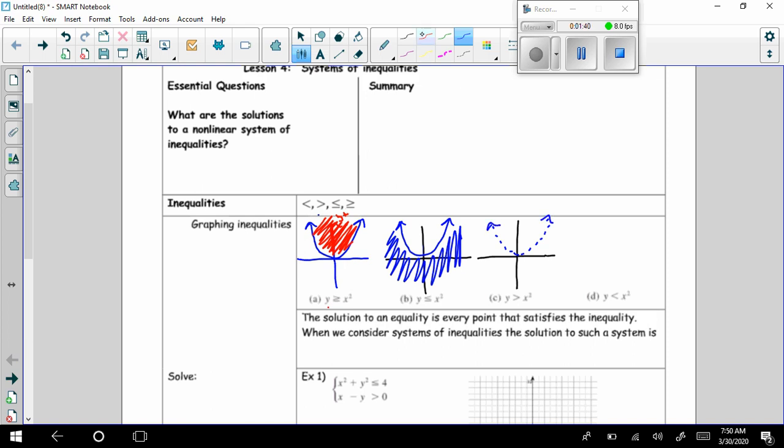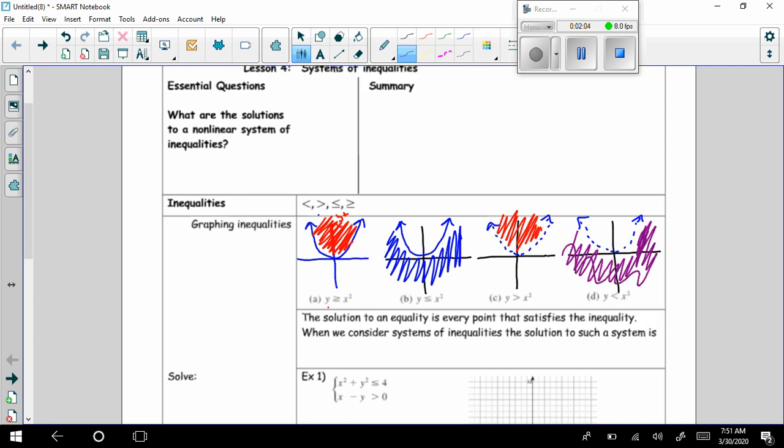It's not including that one there. And same thing here. This one is a dashed line, and y is less than, so we can shade below.